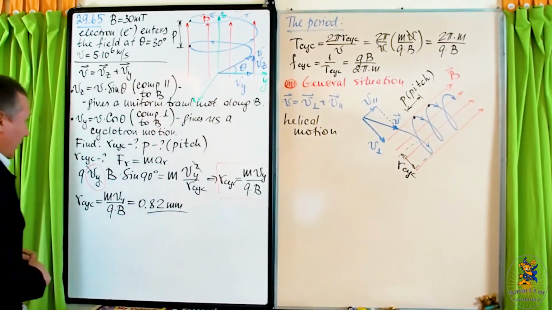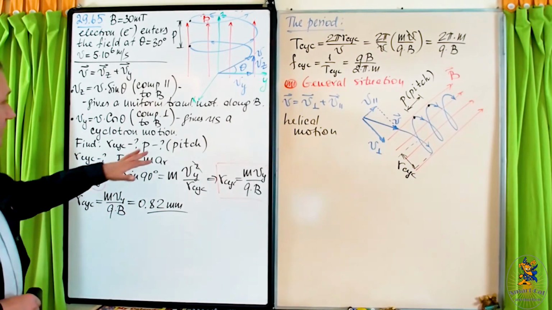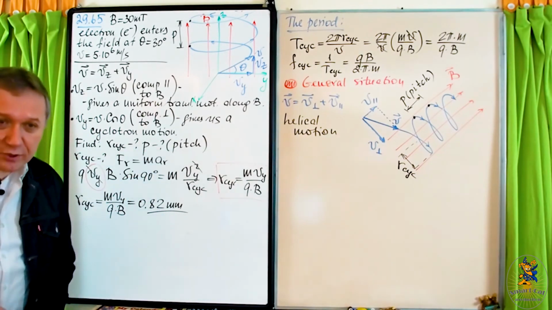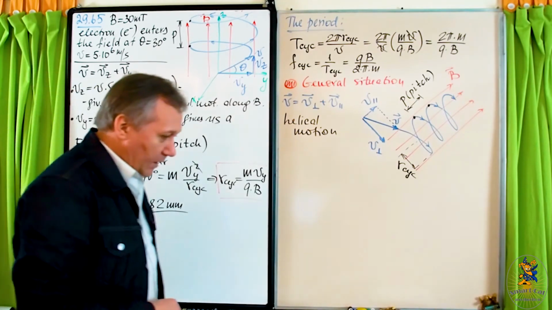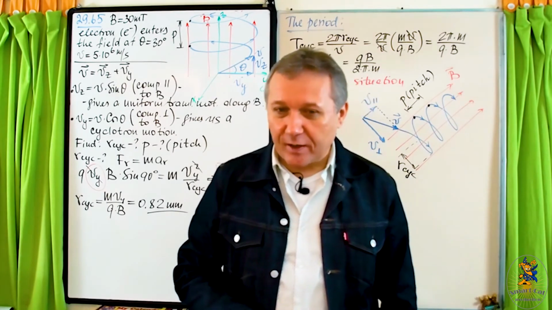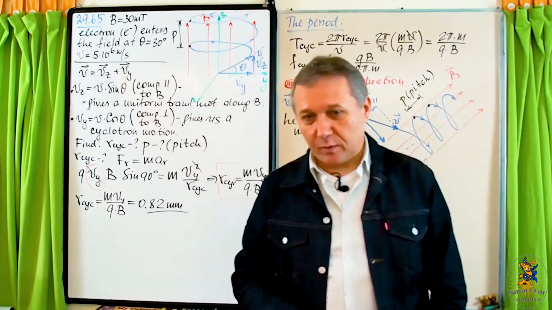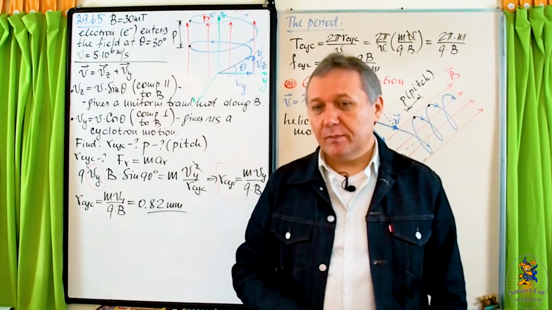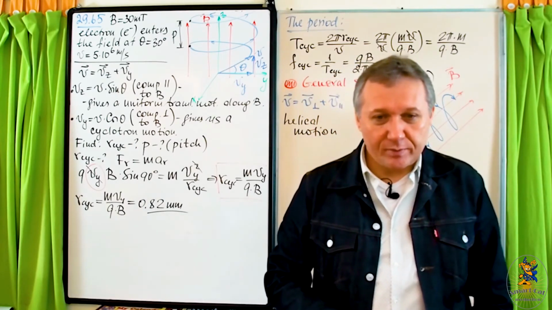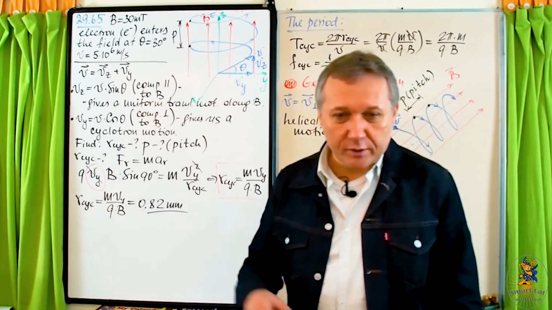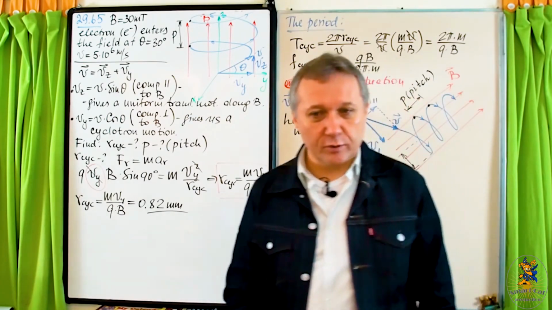Okay, so now the next step must be finding the pitch. And before we can do that, let's find another important parameter of the cyclotron motion, the period. Again, you remember what the period is. It's just the travel time for a particle to complete one circle.